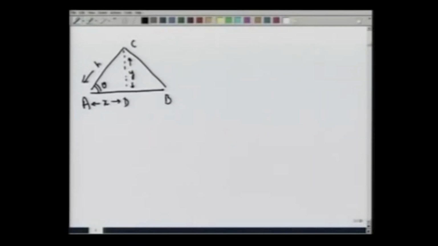So in this triangle A, B, C and D, let us call this distance x and this distance y. This angle is theta. Let us call this hypotenuse AC to be B. Then you can see that x equals B cosine theta. Therefore delta x is going to be B sine theta delta theta.